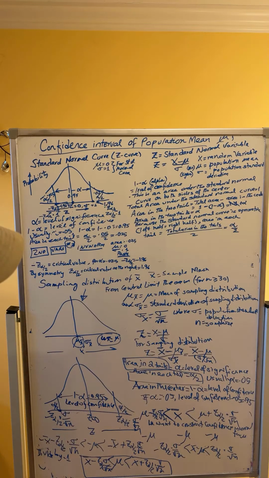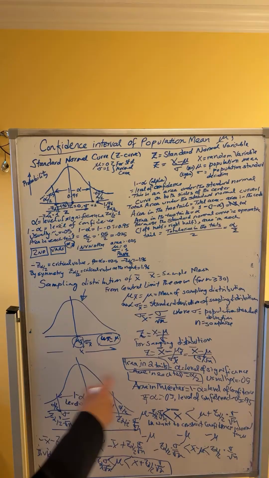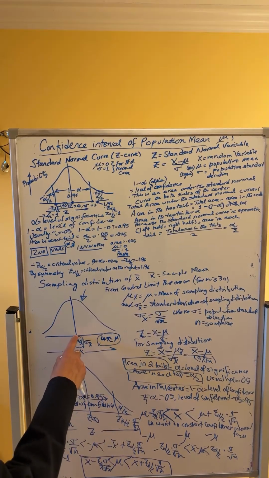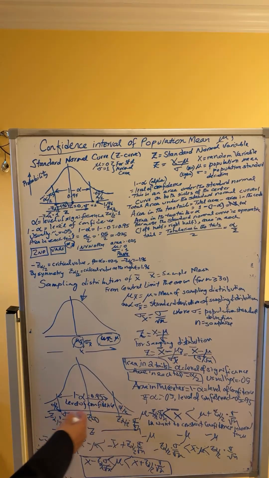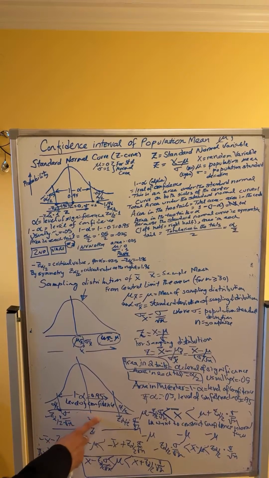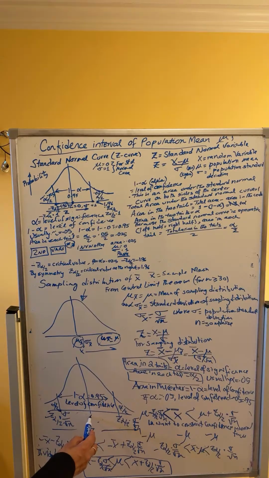We know from the central limit theorem that the sample mean will fall between these two boundaries, because the mean of the sampling distribution is mu. For the sampling distribution, mu is the center.